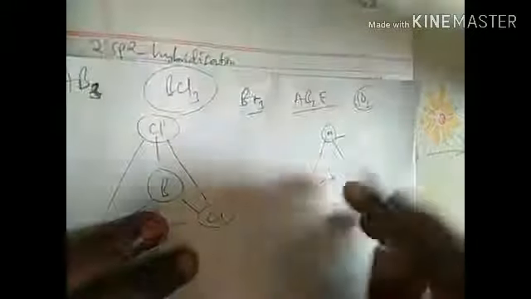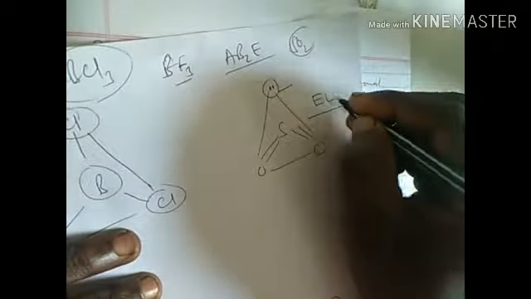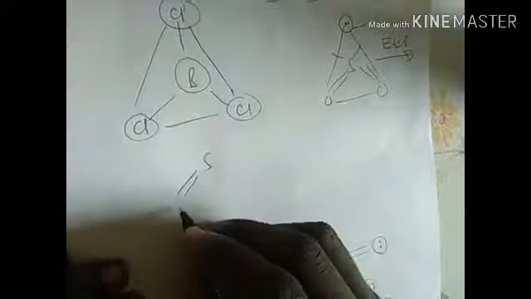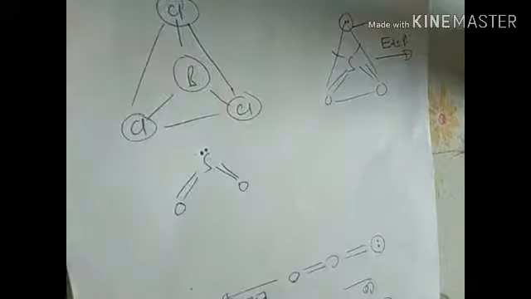If we eliminate the lone pair, we remain with this structure, and the lone pair will be here. So it will be bent in structure.